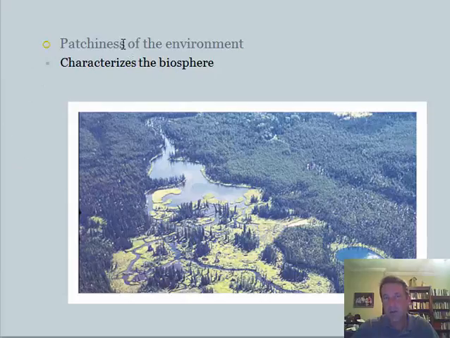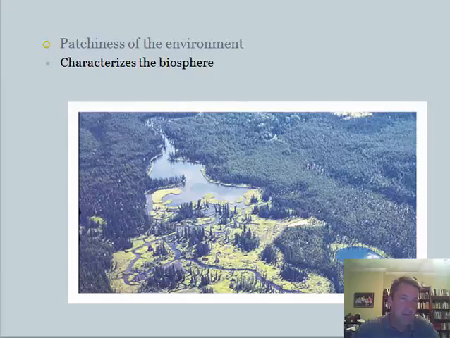That's a term ecologists use for describing the patchiness of the environment. Some environments are just forest. In other environments, you'll have forest interspersed with marshland, and you may have some zones that are sandy or open plain land. So you'll have some patchiness in the environment. That's a good description of our globe.